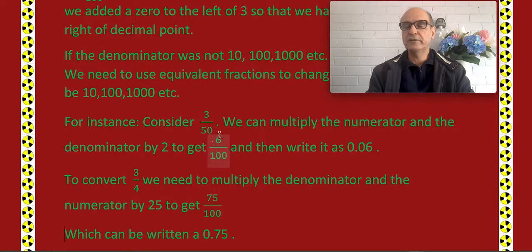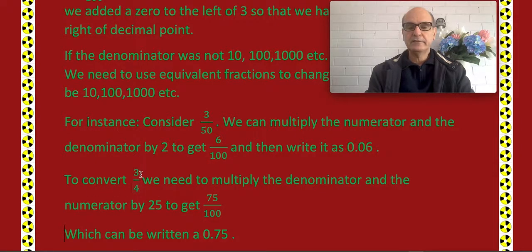So write the numerator, which is 6, and look how many digits to the right of the decimal point you need. 1, 2, but you have only 6. So you need to add 0. Now you have 2 digits, and you can place your decimal point here. And that is your answer. And as we said, you can add another 0 to the left of the decimal.